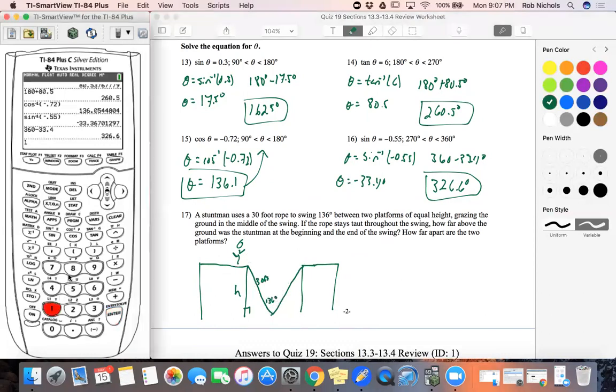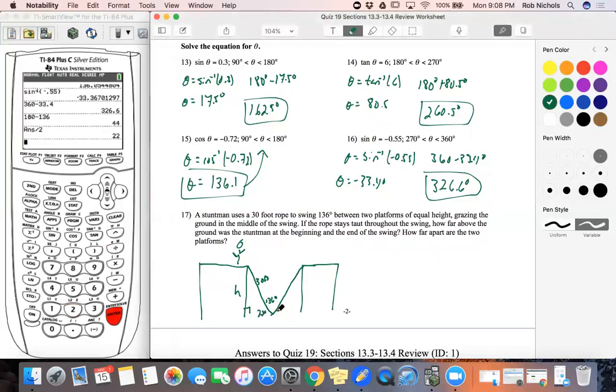So what I want to do is 180 minus 136 and divide that by 2. So I get 22 degrees down here on either side. Now I want to set up this trig function. We call that H. Sine of 22 degrees equals the opposite over the hypotenuse.